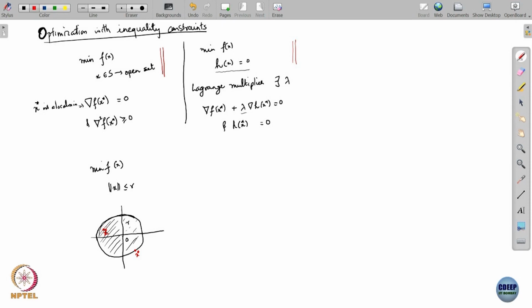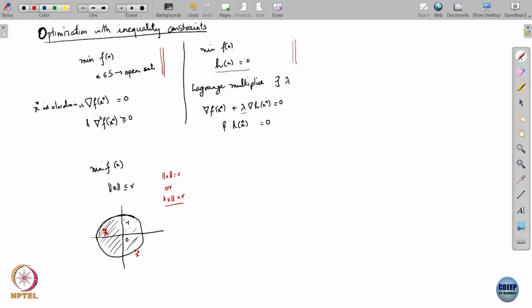So, what happens is, once you have inequality constraints like this, they are basically capturing two conditions together. They are saying norm x is either equal to r, or norm x is strictly less than r. Either of these is okay with us. Now, strictly less than r is basically the interior of this sphere, and that's like optimizing over an open set.